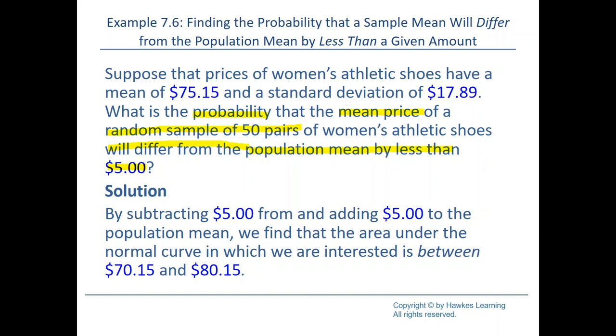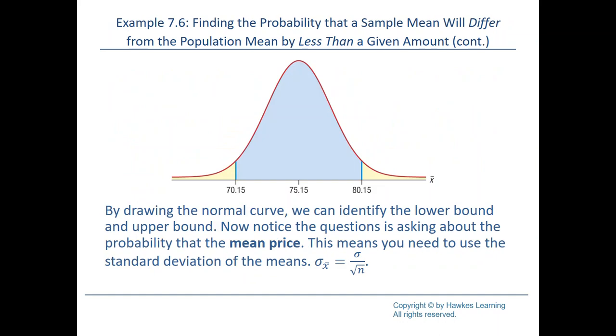So I'm going to add and subtract $5 from that. I'm asking for the mean price that will differ, meaning it's going to be between $5 above or below. When I draw that out, it's going to look like a normal curve where the mean price is in the middle.